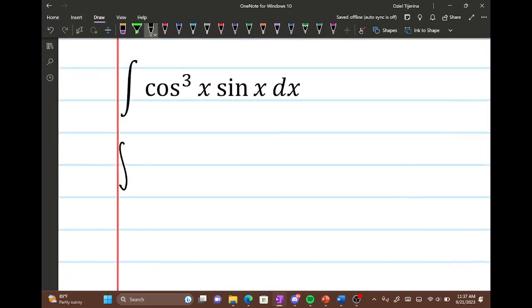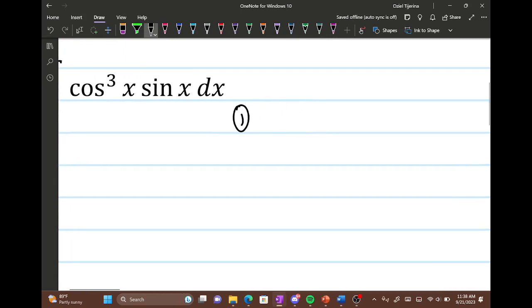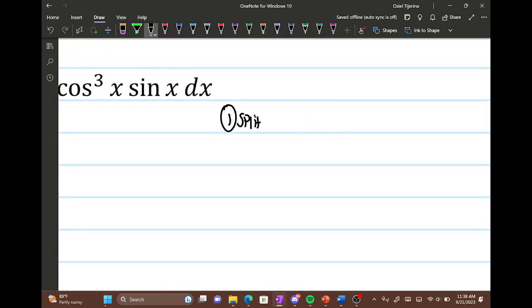The way that I did it is, number one, I split cosine cubed as cosine squared x times cosine x.